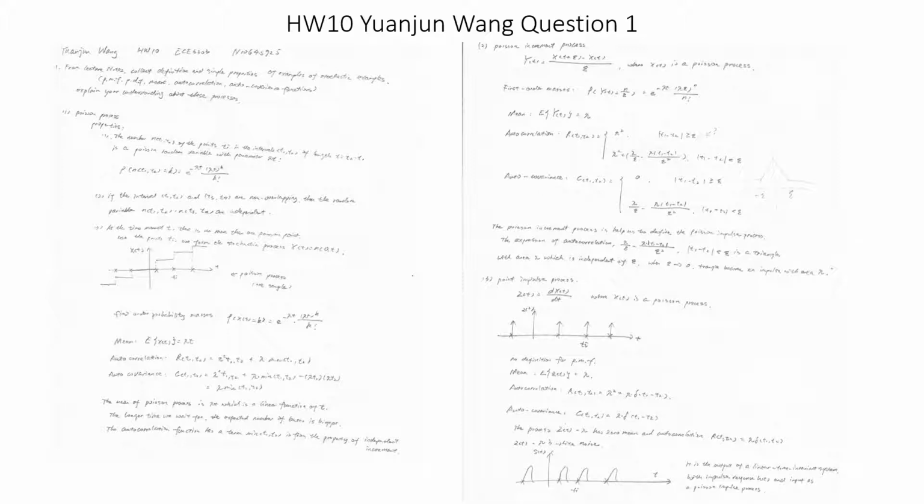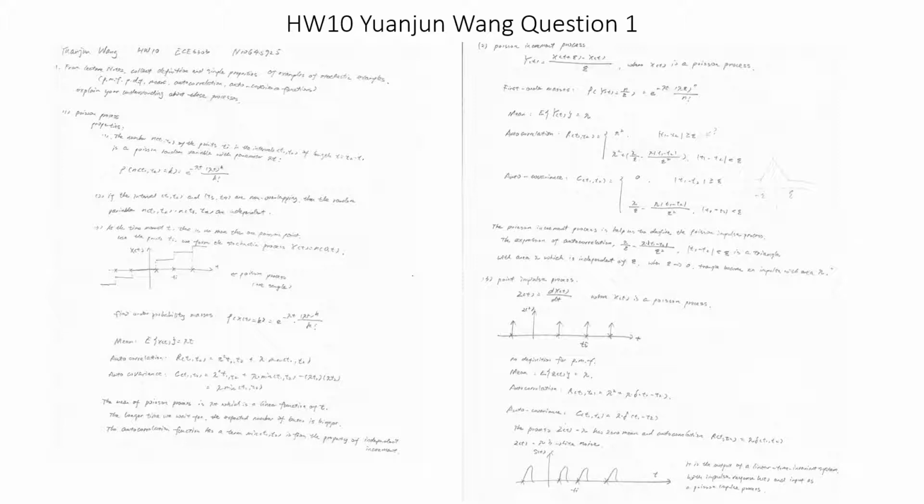So the first order mass is going to be P of Y of t equal to n over epsilon is equal to e to the negative lambda epsilon times lambda epsilon to the n over n factorial. The expected value is going to be equal to lambda.